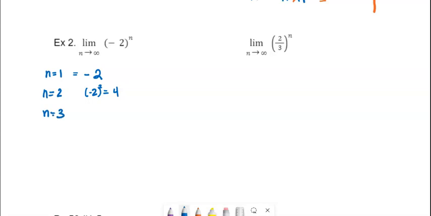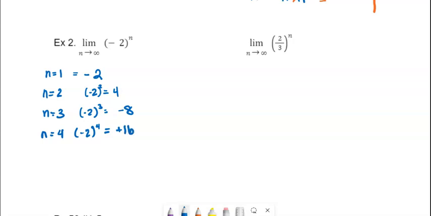If n is 3, then I'm at negative 8. Sorry, I wrote that wrong up here. Let me fix this. Then I'm going to be at positive 16.